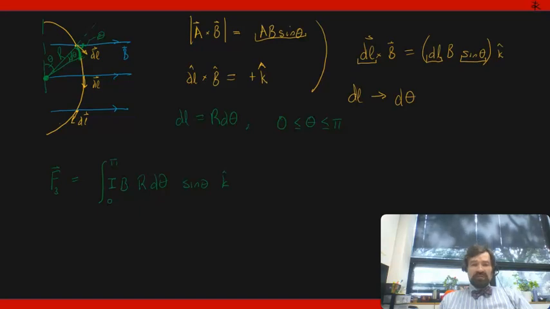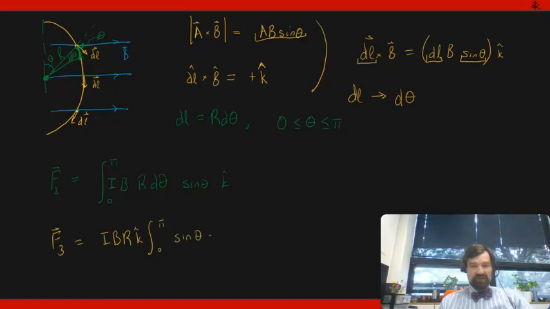This means that if I'm wanting to solve for F3 in this case, let's pull all the constants out. I would basically have I times B times R times k hat integrated from 0 to pi of sine theta d theta. Again, that's a fairly straightforward integral.